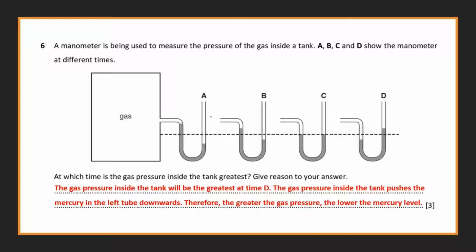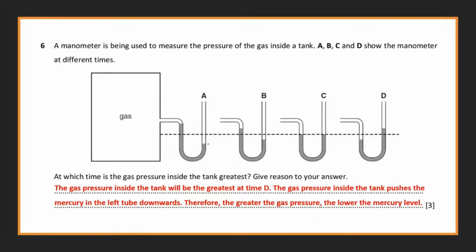Guys, I want to show you how to compare the pressure for each drawing in this problem. In drawing A, the mercury level in the right side is lower than the left side.